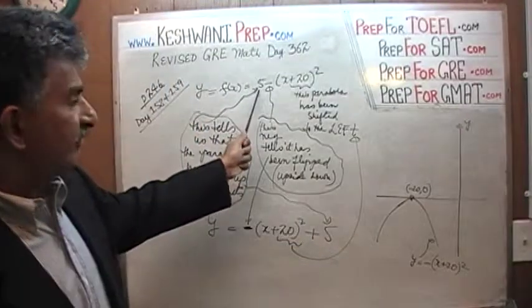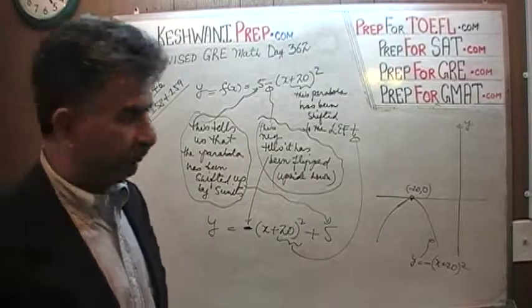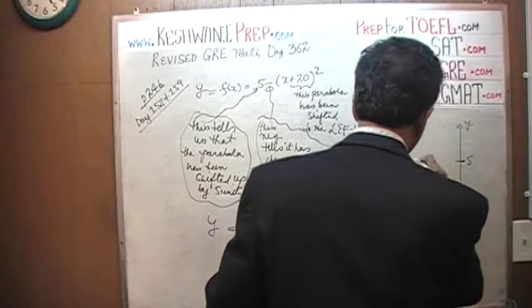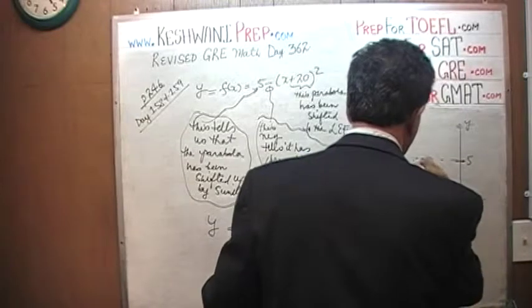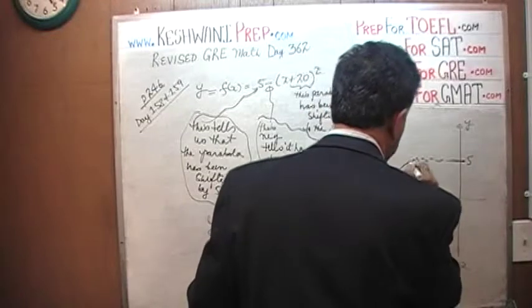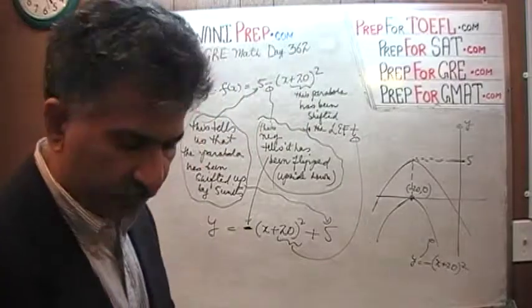We have not taken care of this 5 yet. So now we have to pick it up and shift it up by 5 units. That's all. Let's call it 5 here. There is our parabola. I'm going to erase the other one because we don't need it.